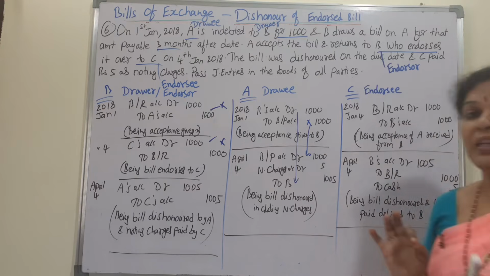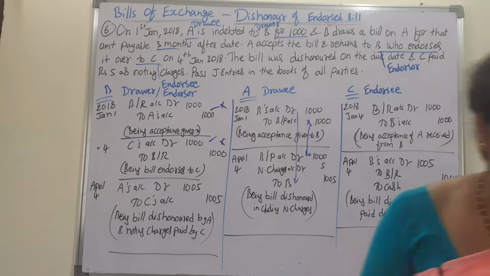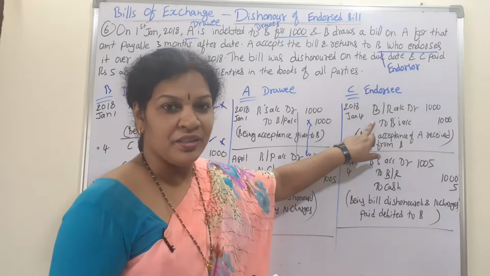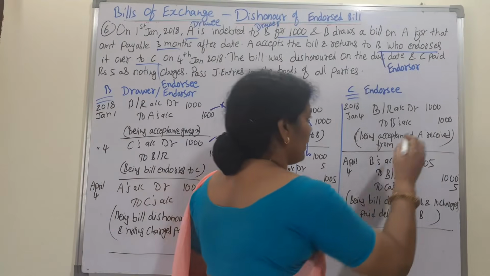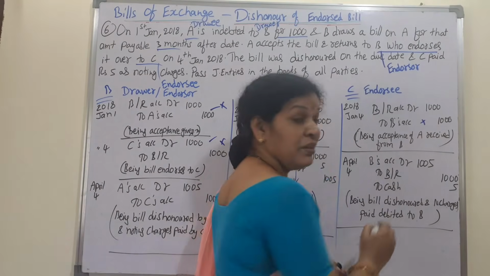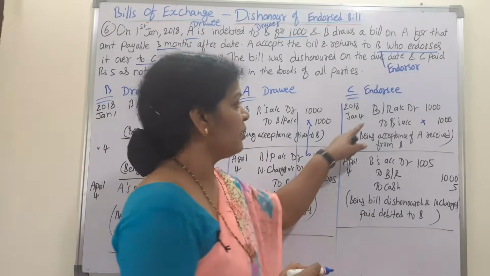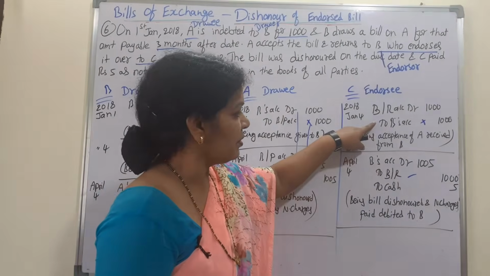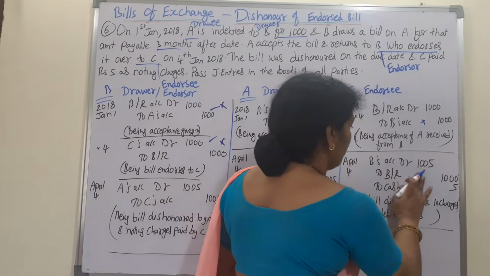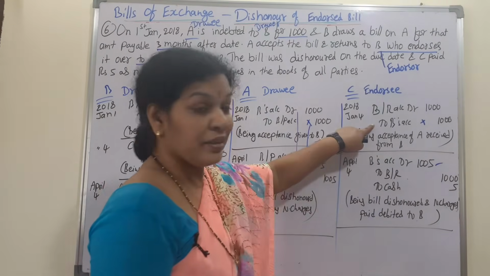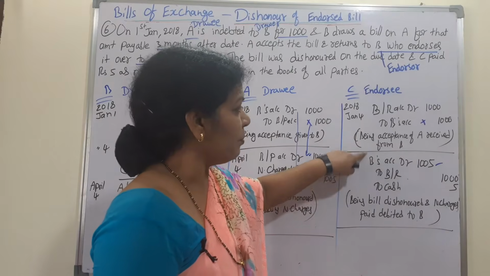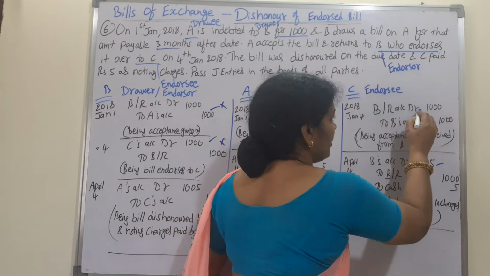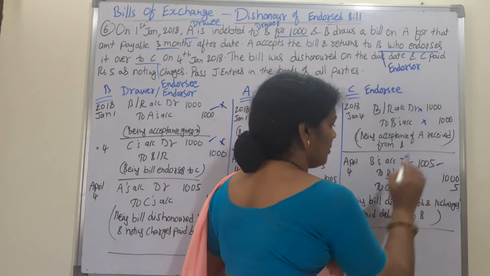Then when the bill is dishonored in the books of endorsee, B is already credited, so we have to cancel it. When dishonored, the entry will always be reversed. For cancelling B, we have taken it on the debit side, credit to debit. And bills receivable also we have to cancel, debit to credit.